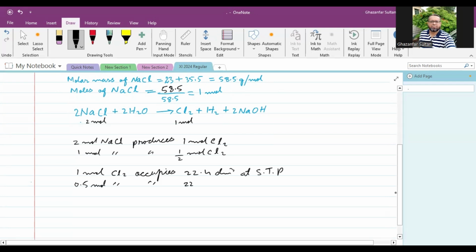Definitely you will multiply 22.4 by 0.5. So it would be 11.2 decimeter cube. So the volume of chlorine is 11.2 decimeter cube. This is the answer of your first part.